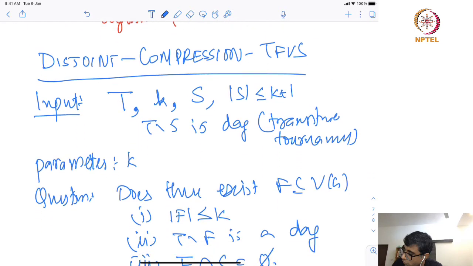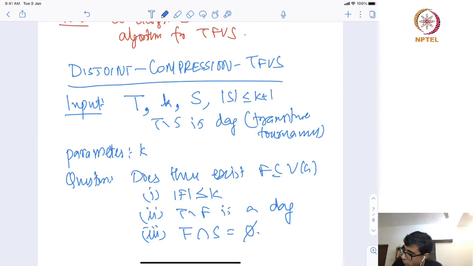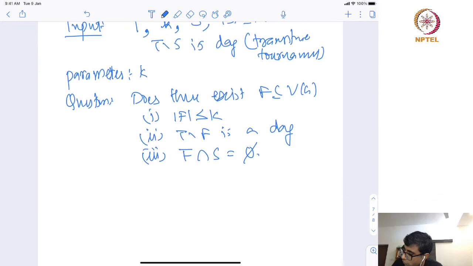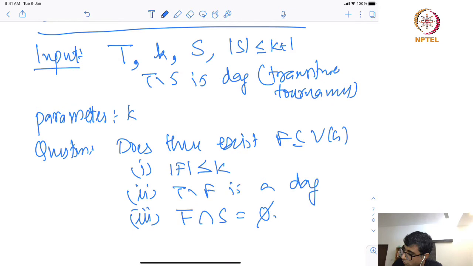So same as in vertex cover, we are given a tournament feedback vertex set of size k plus 1 and we have some set of properties. The first thing, as we did in vertex cover, is to check.